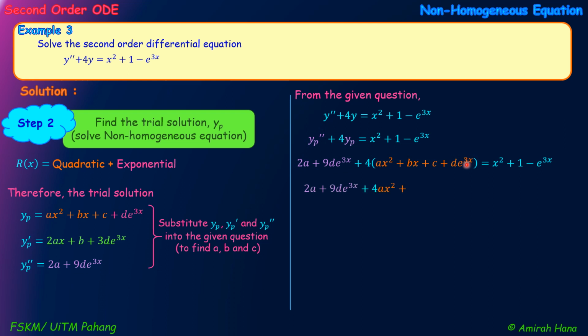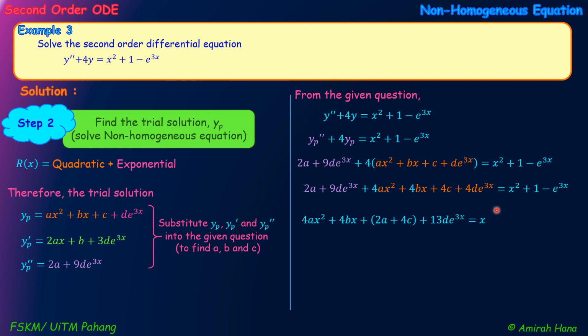After that we expand times 4 here, so we get 2a plus 9d e to the power of 3x plus, we expand 4 with the function in the bracket, so we get 4ax squared plus 4bx plus 4c plus 4d e to the power of 3x equals the original right hand side, x squared plus 1 minus e to the power of 3x.